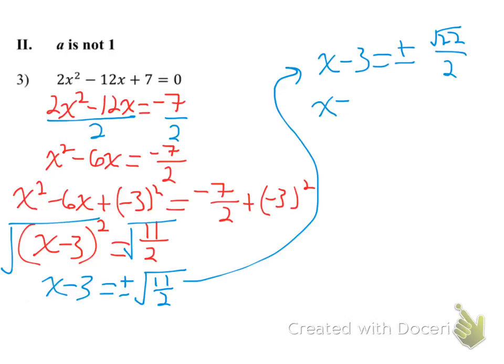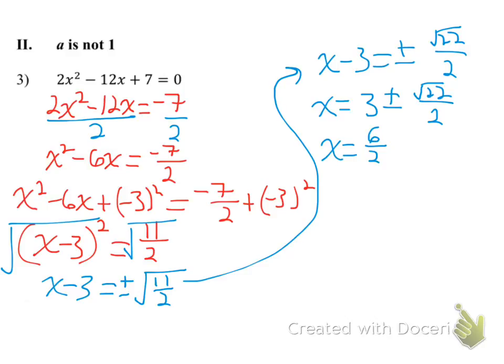We're ready to add 3 to each side. And as I said before, we want this as one gigantic fraction. So we've got to take 3 and change it so it has a denominator of 2 to match this. 3 and 6 halves are the same thing.